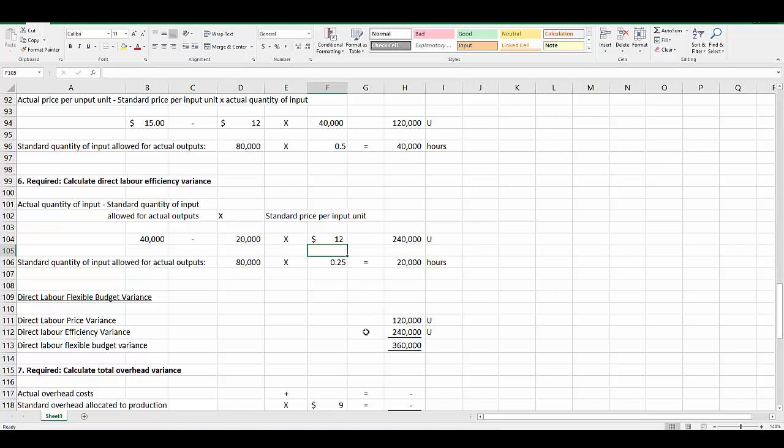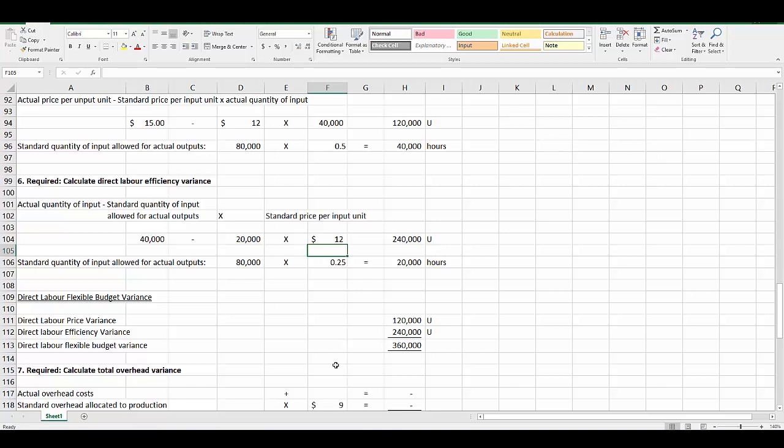And the efficiency talks about how much labor. So how many hours did you use more than you should have, and what was the cost of that? So it was 20,000 hours that you used more than you should have. The impact of that was 240,000. So the total is $360,000 more in labor cost than you had anticipated when your standard costs were developed.